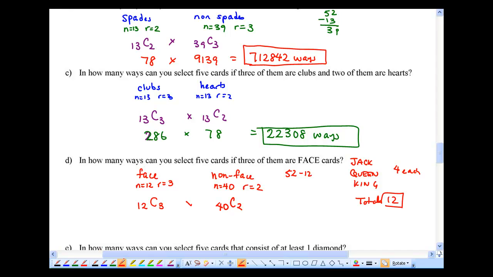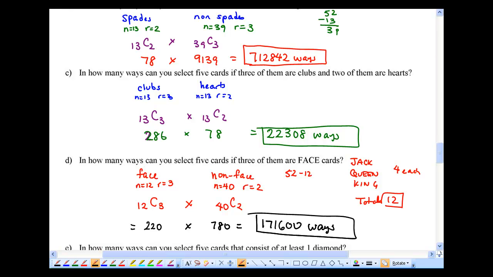And just like the previous ones, we multiply them together. Okay? You go ahead and calculate this on your own. I will just wait for you. Ding. Time's up. I hope you got this too.